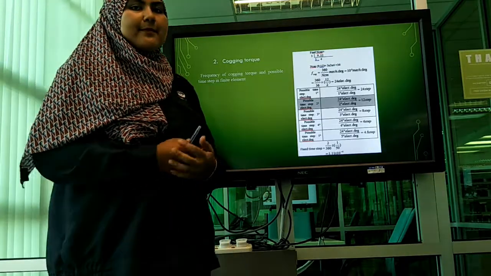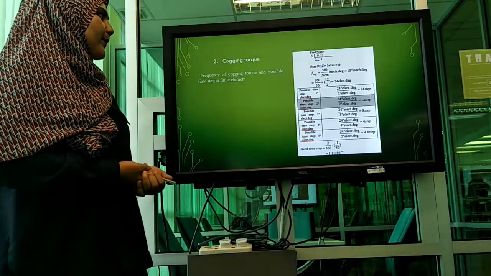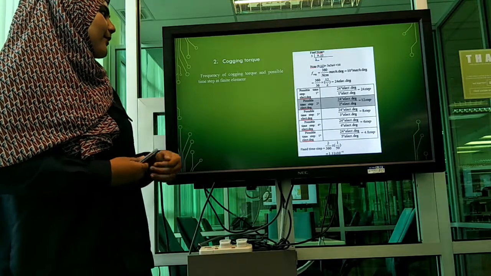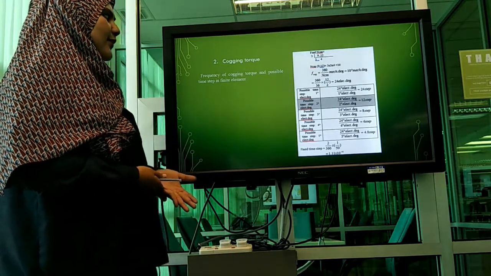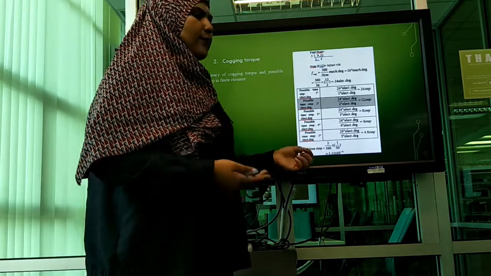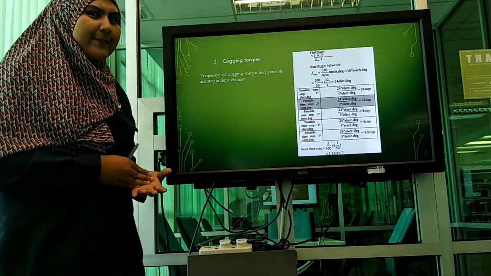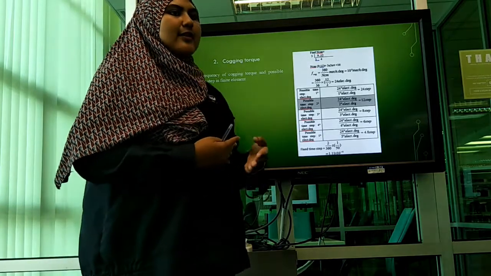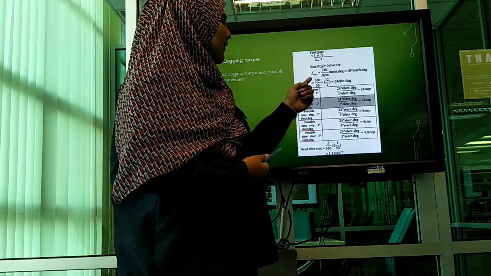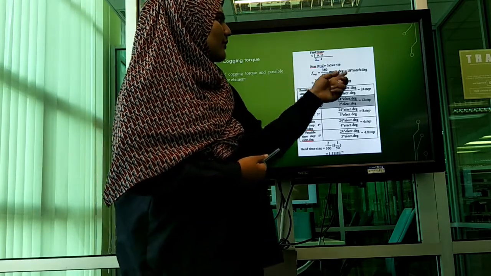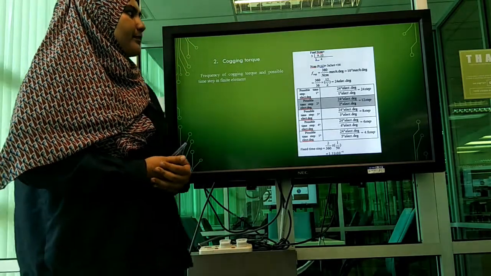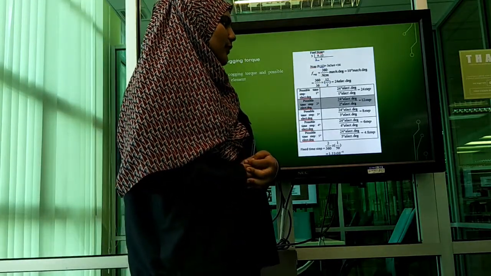Okay, next I will explain the cogging torque. This is how we calculate the frequency of cogging torque and the possible time step in finite element. When we calculate the fixed time step, we need to put it in Opera 2D and it can produce the graph that we want. As you can see, the period of cogging torque is 10 mechanical degrees, and for the electrical degree it is 24.